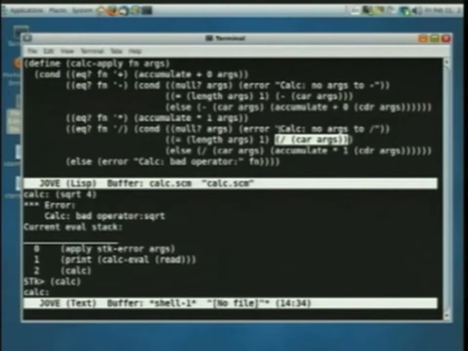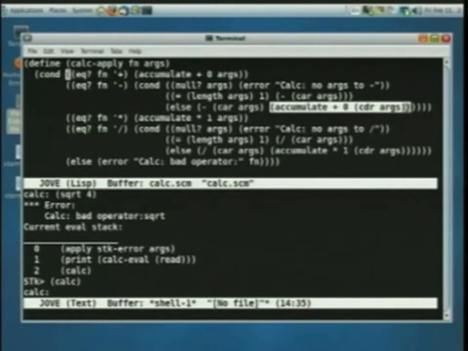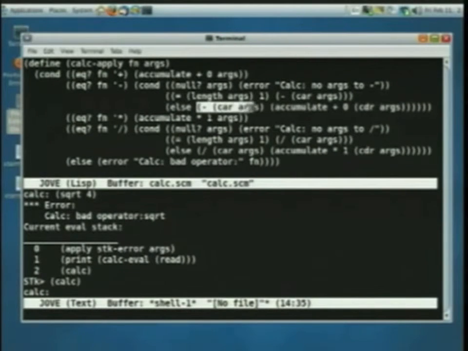Otherwise, Scheme actually allows multiple arguments for minus and slash, even though it's kind of silly. And it treats the first one differently from all the other ones, basically. So it takes the first argument minus the second argument, that result minus the third argument, that result minus the fourth argument. So the way I represented that here is take everything except the first argument and add them all up, and then subtract that from the first argument.